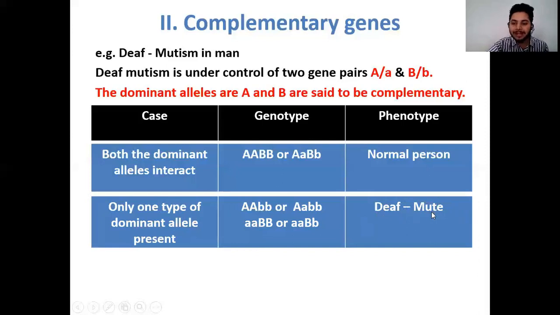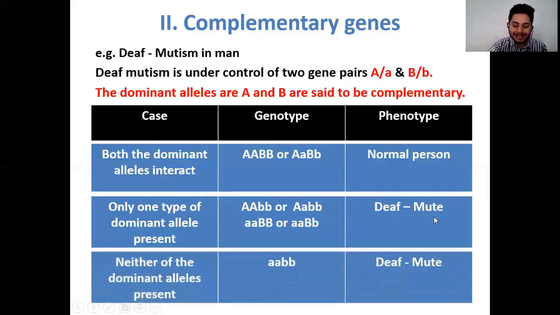The phenotypic trait is not expressed. The normal individual is not formed, and the individual instead will be deaf and mute, because both A and B are always contributing to the normal phenotype. If either of them is absent, then the individual is going to be deaf mute.